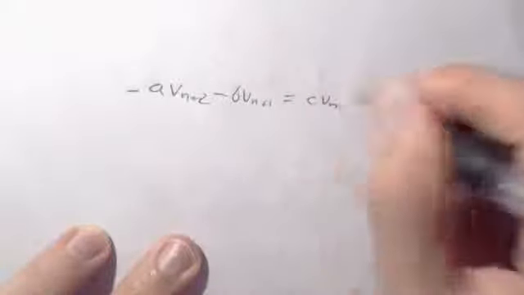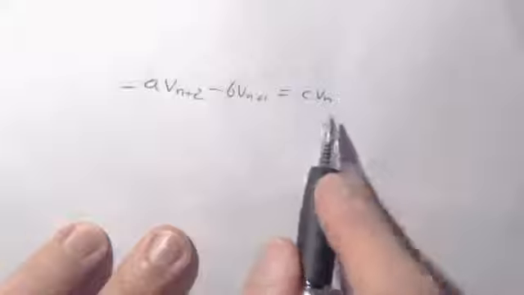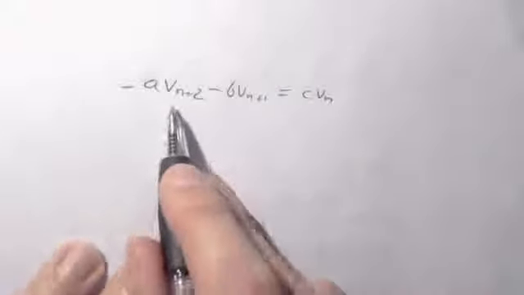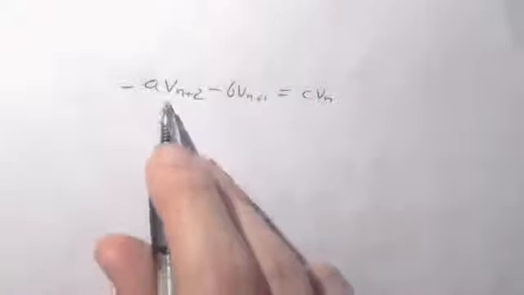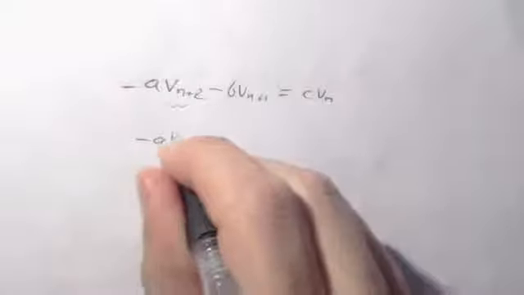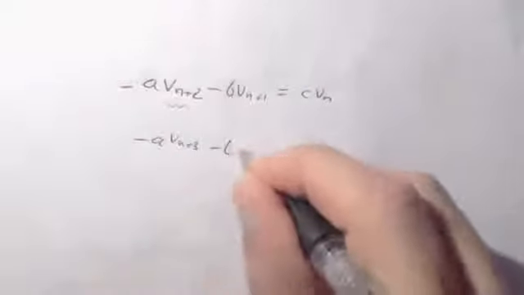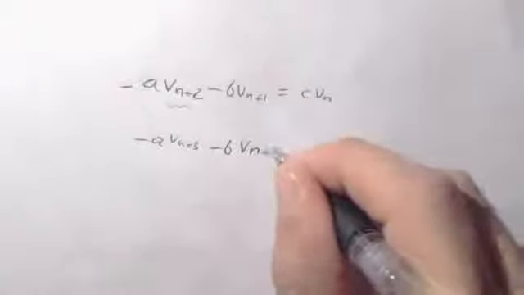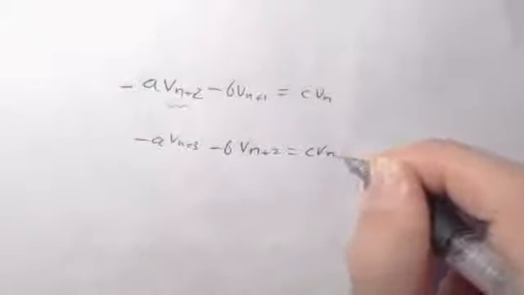So if you start off with the equation a Vn plus 2 minus b Vn plus 1 equals CVn, and instead I use the next equation, a Vn plus 3 minus b Vn plus 2 equals cVn plus 1.